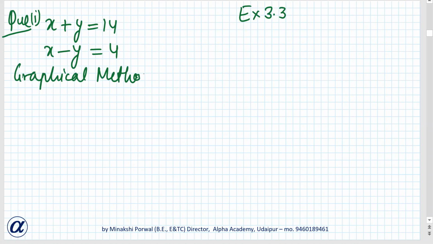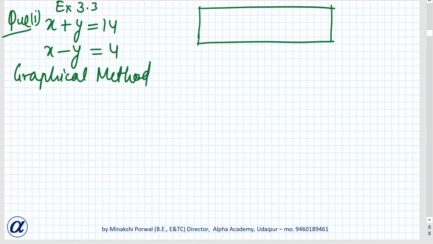In class 9th we have seen how to plot a line. First for x plus y equals 14, what will we do? We'll make a table, with x and y written here.